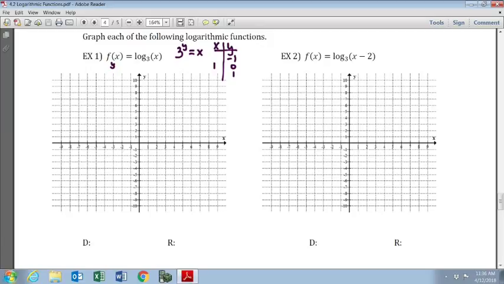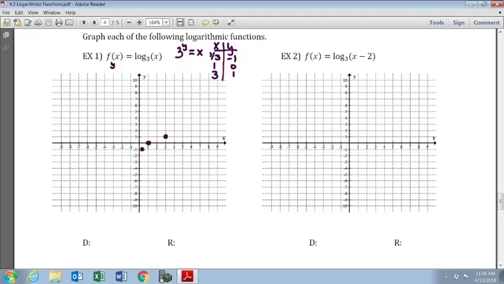And if I plug in 1 for y, 3 to the 1 power would equal x. Well, that would be 3. Now I can plug in negative 1 and you get 1/3, but I always just think I'm going to get the reciprocal of what I had here, so it's going to be 1/3. So these two numbers are always going to be reciprocals. All right, let's go ahead and plot these points.